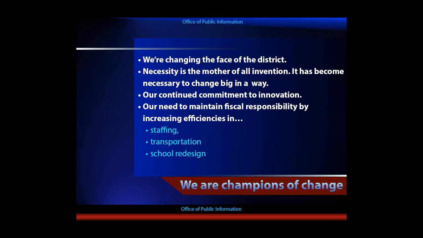So capitalizing on some of the energy that had been started with our digital conversion, we really said, all right, if we're going to close schools or we have to do something different, then let's look at what else in that quick window of opportunity, even though it's a lot more heavy lifting, that we can do to really look at some things pedagogically, to look at some efficiency things. We had some antiquated boundaries where we were transporting kids around a school to get to another school. So it really became part of our commitment to innovation, even as we moved forward.